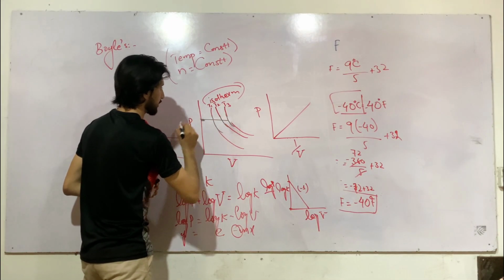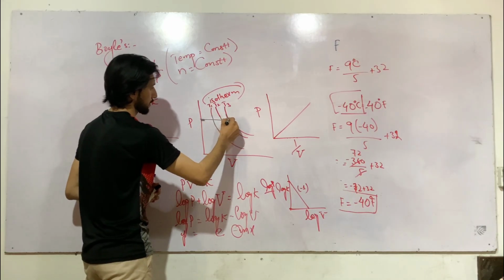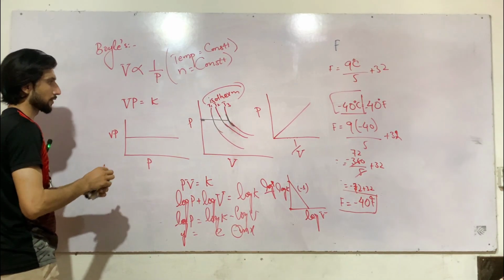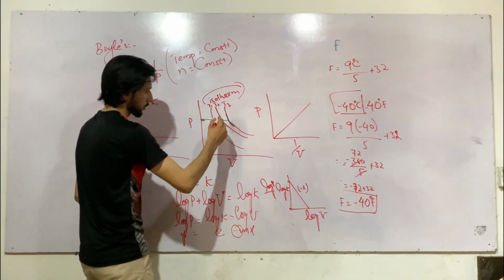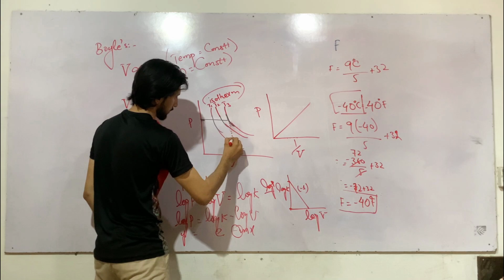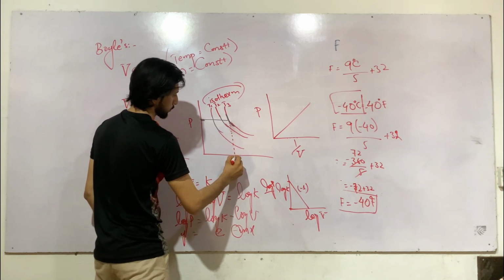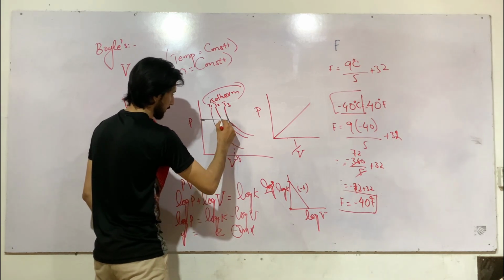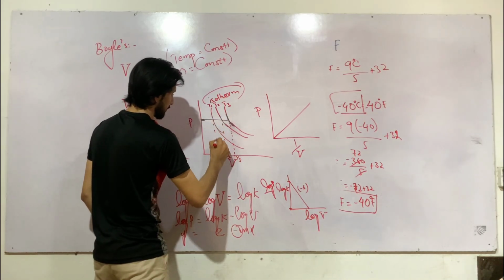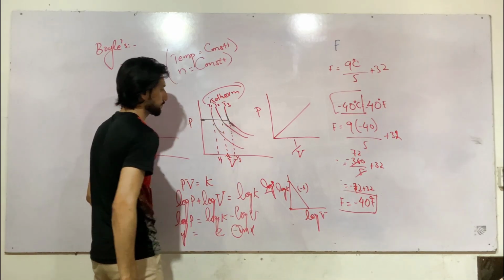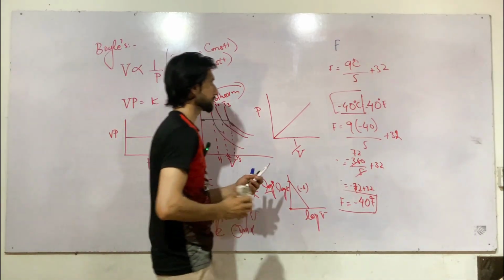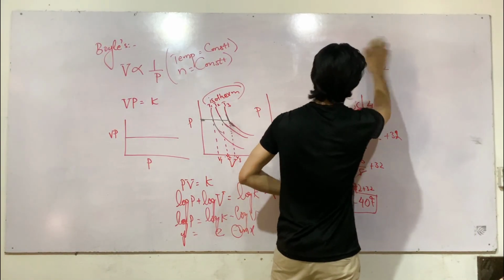So this is a perpendicular to my y-axis, that is the pressure. Now, I will draw a perpendicular to the x-axis and find out. So here, this is suppose V3, and here I am getting V2, and here I am getting V1. So what I got is that, I'll write it over here.